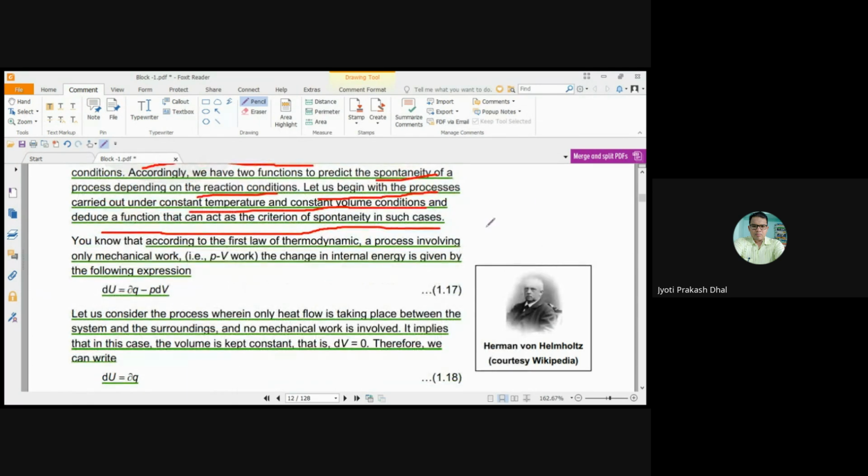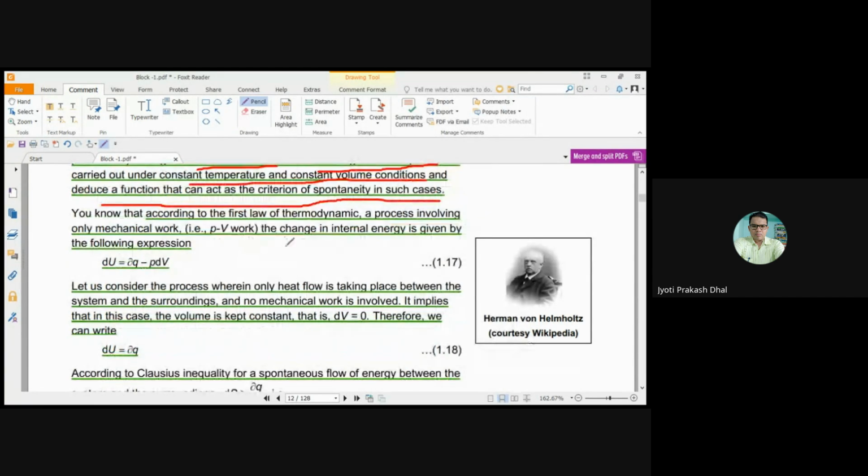So here we will derive the criteria of spontaneity of a process that is carried out under constant temperature and constant volume conditions. So this is another long question: the criteria of spontaneity of a process carried out under constant temperature and constant volume.